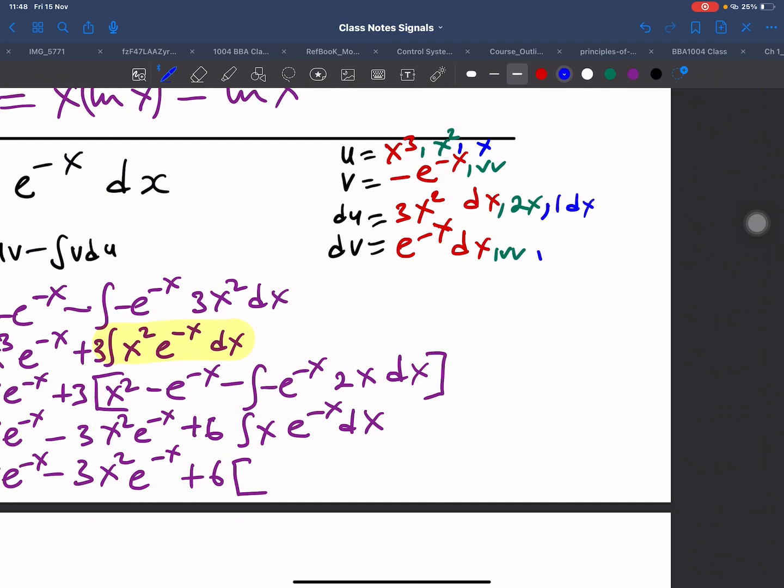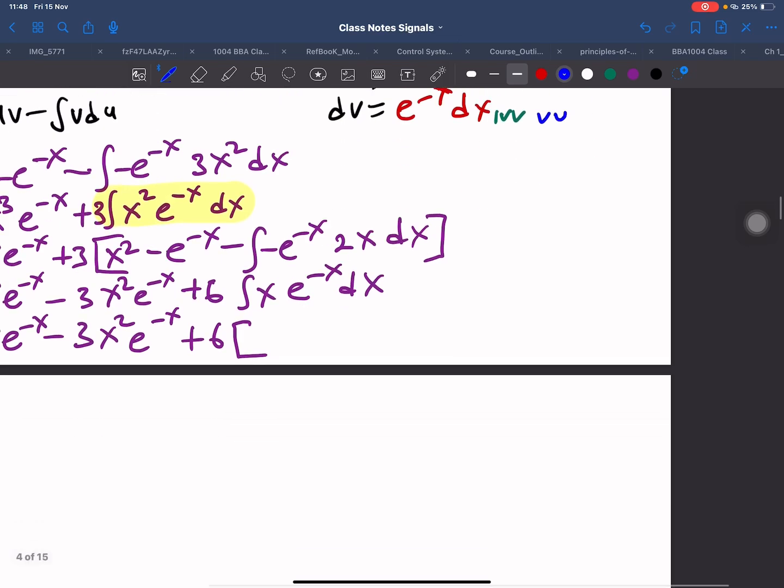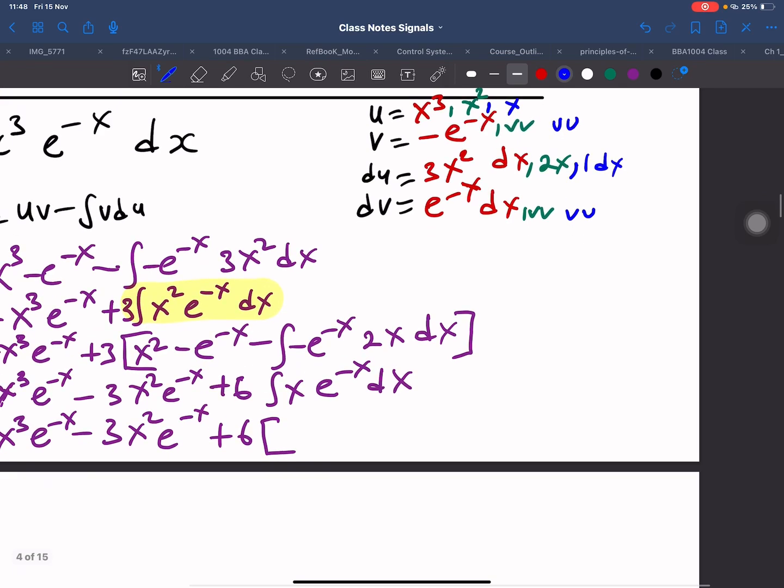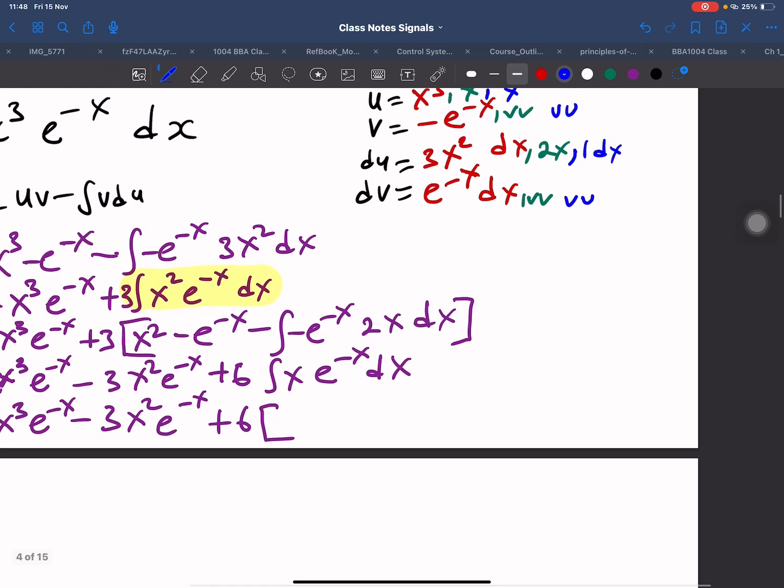Then the rest will be the same thing. So what we have now is u is x, v is the same thing. So uv is now going to be x into minus e raised to power minus x, and the integral of minus e raised to power minus x, 1 ds is going to be dx.